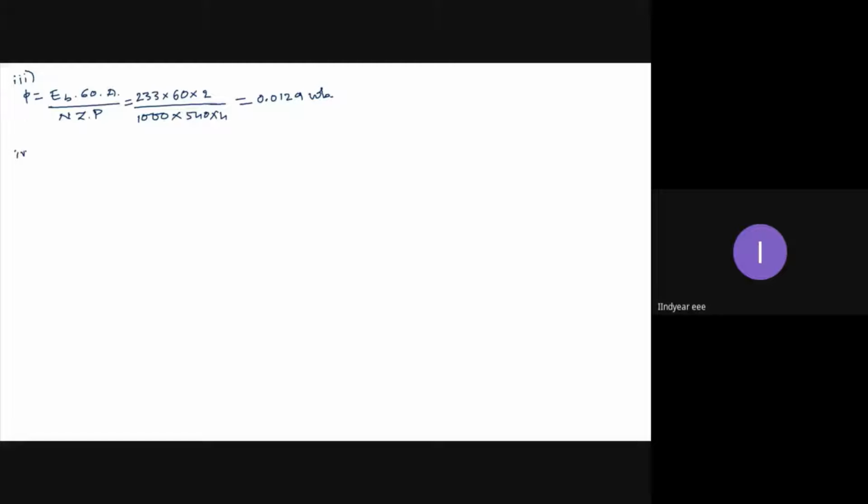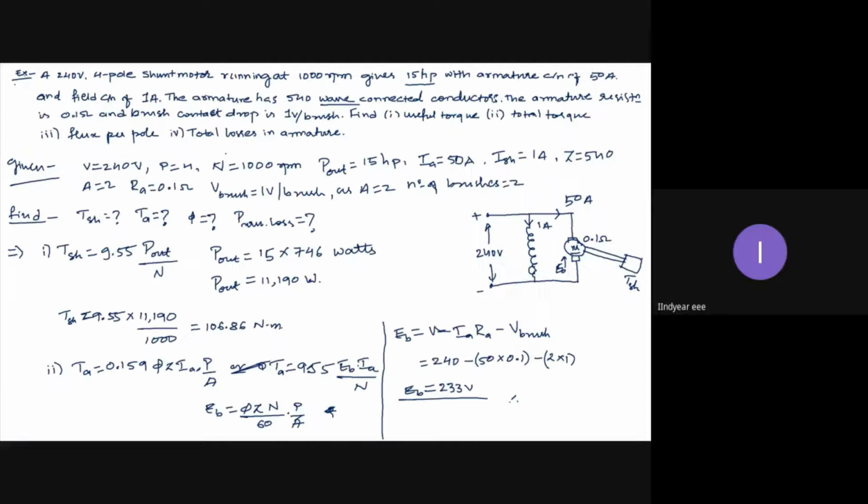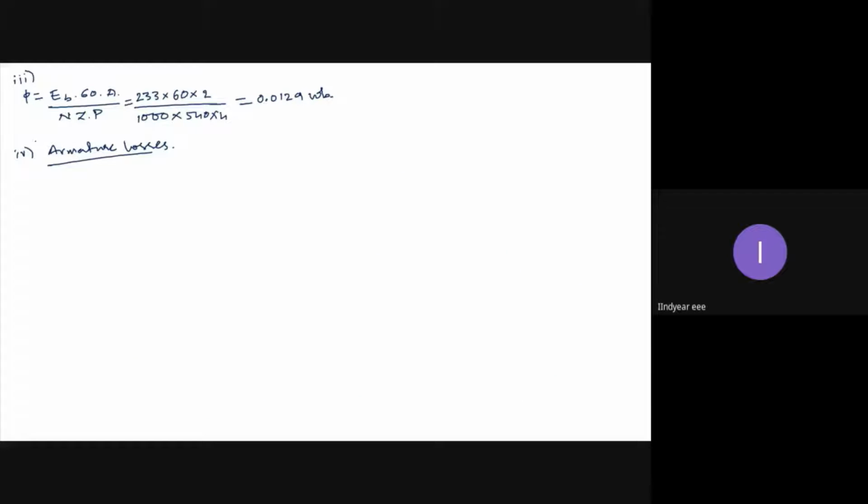Then the fourth point is armature losses. Okay, so total armature losses. What are total armature losses? In one of the previous examples, we have solved it.